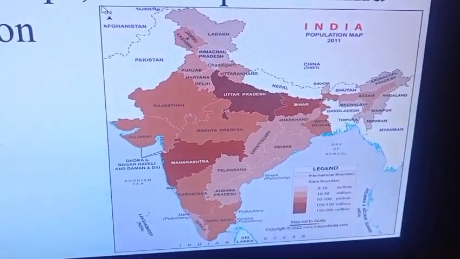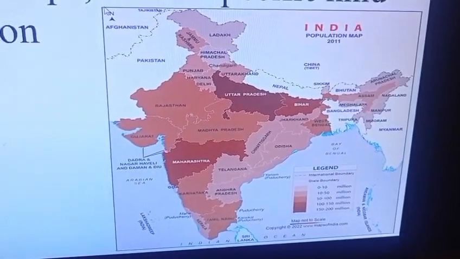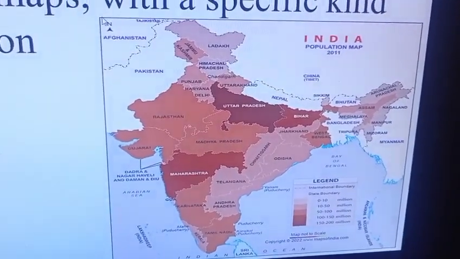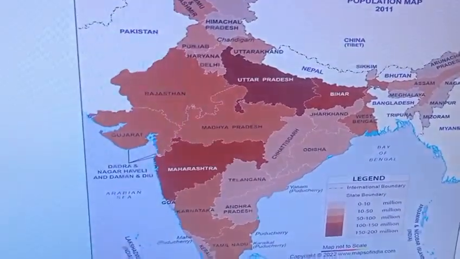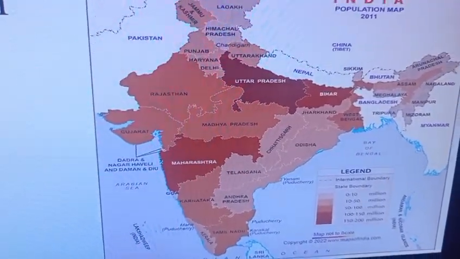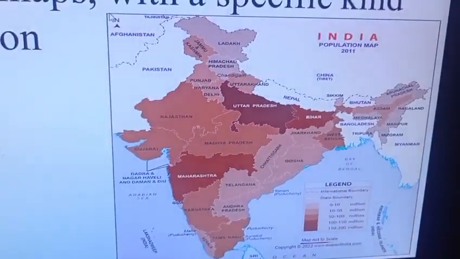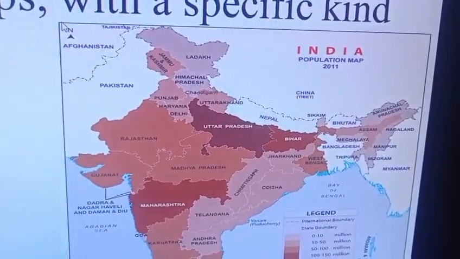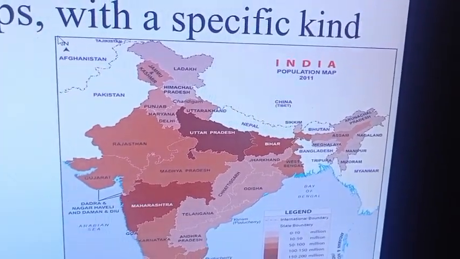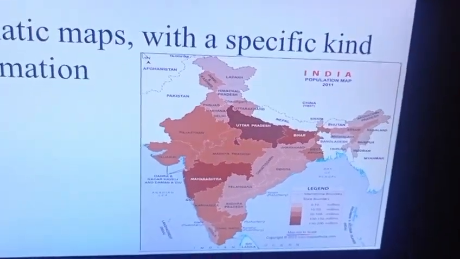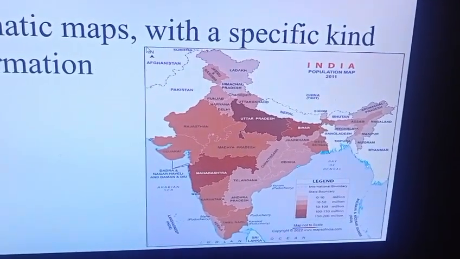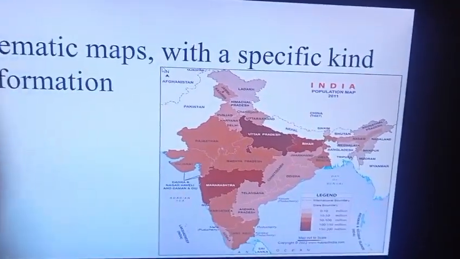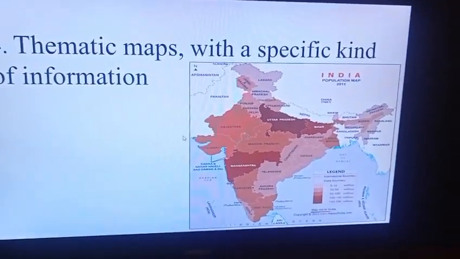After that, the middle shade of brown means a moderate population, like Gujarat, Rajasthan, Madhya Pradesh, Tamil Nadu, etc. And the lowest or least population we can see in Ladakh, Himachal Pradesh, Arunachal Pradesh, Sikkim. So from the shade of the color we can understand that in some parts the population density is very high and in some parts it is least. This is called the thematic map.